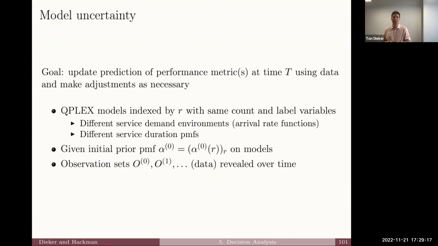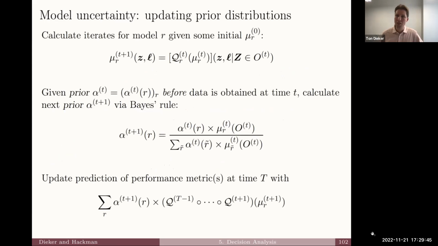This is an example of where you have model uncertainty. Think of these arrival rate functions as a collection of them, and you have some prior on the models. Data gets revealed over time, and then we want to use that data to update the prediction of the performance metric at time t and possibly make adjustments. Some details are on this slide.